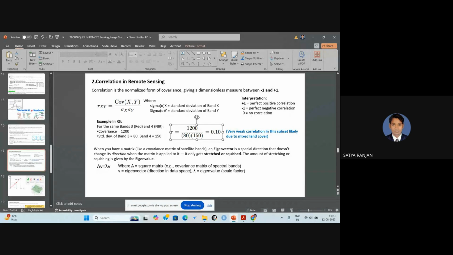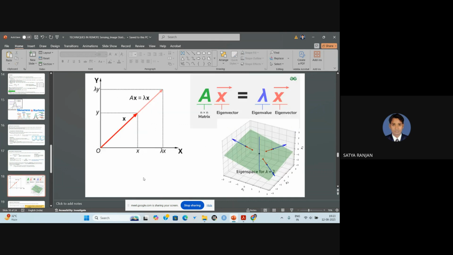It is written as Ax equals lambda x, where A is an n by n matrix, x is the eigenvector, and lambda is the eigenvalue.